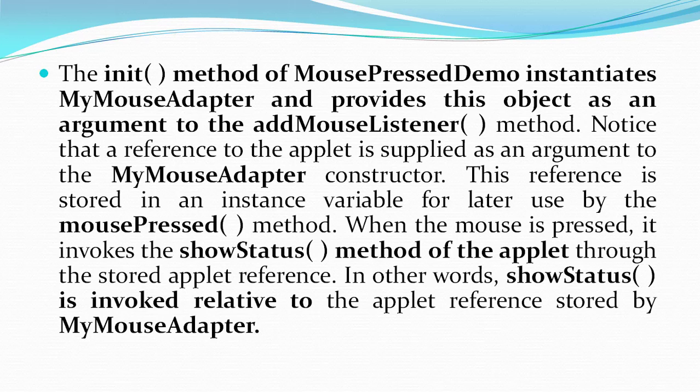This reference is stored in an instance variable for later use by the mousePressed method. When the mouse is pressed, it invokes the showStatus method of the applet through the stored applet reference. In other words, the showStatus method is invoked relative to the applet reference stored by MyMouseAdapter.